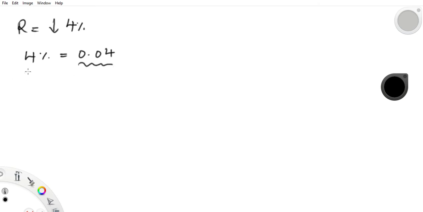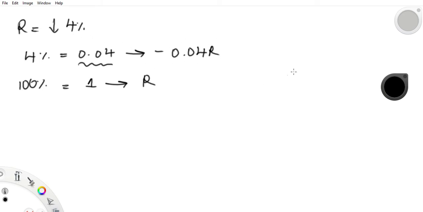The maximum percentage you can have is 100%, which just means 1. The original radius size was r, but we're going to decrease it by 4%, so minus 0.04r. I've translated the question into mathematical concepts.